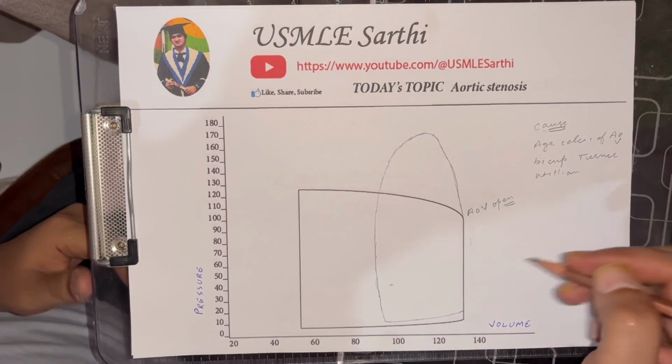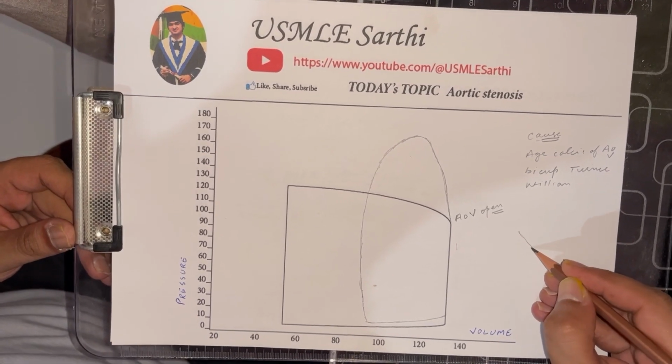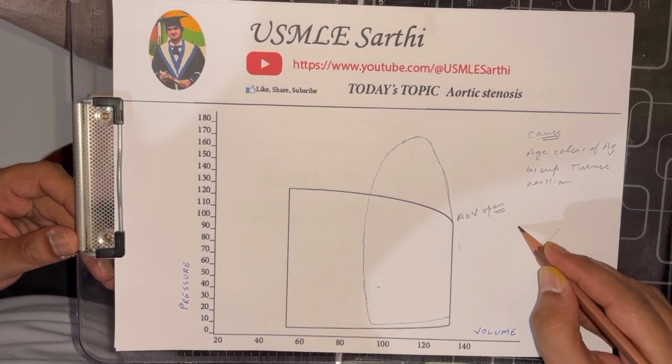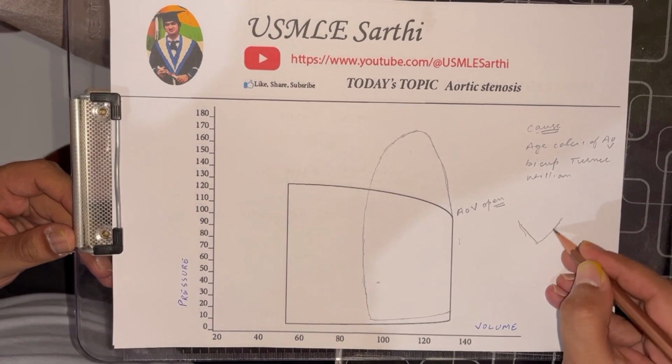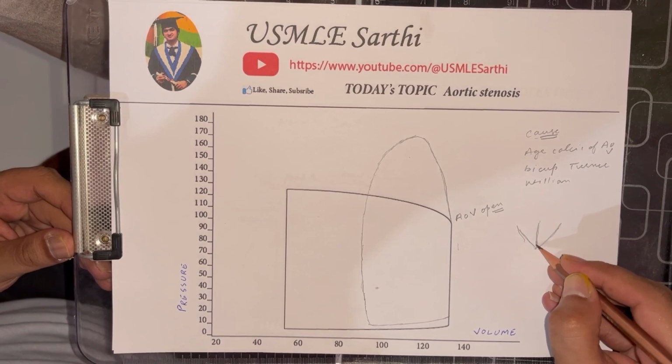So what happens in this situation? For example, these are your chambers, and this is your interventricular septum.